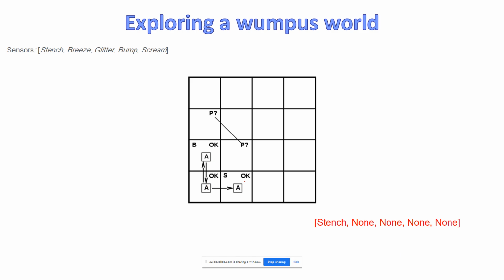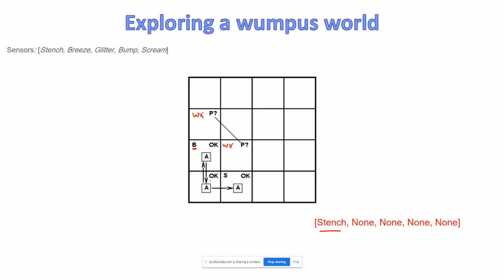Here, the new inputs are like that. We got a stench, which means that the Wumpus is somewhere. We said earlier that the Wumpus cannot be here and cannot be here, right? Because of the previous breeze here and absence of a stench. So having a stench here means that the Wumpus is somewhere around.